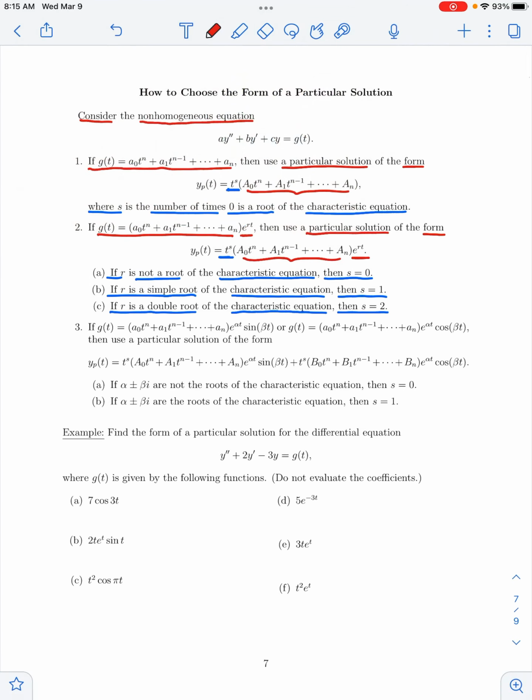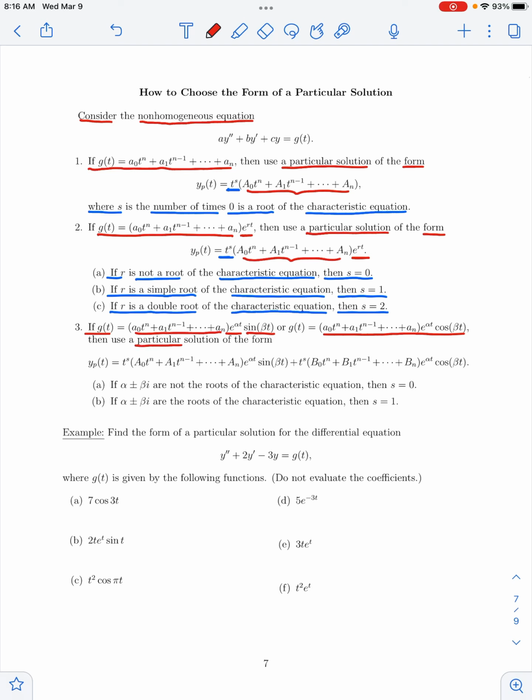And then the last case that we consider for the method of undetermined coefficients is if our g of t function involves some nth degree polynomial times an exponential times a sine or a cosine function.